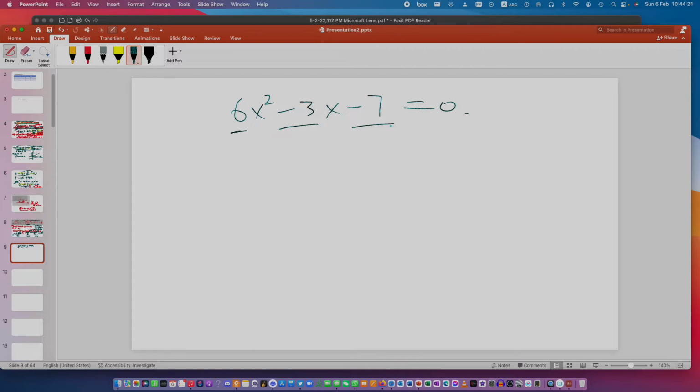If you use completing the square for this, do we take out the 6? Of course. In fact, you must be thinking, is it worth using completing the square or not? x minus, so you get 1/16 plus.